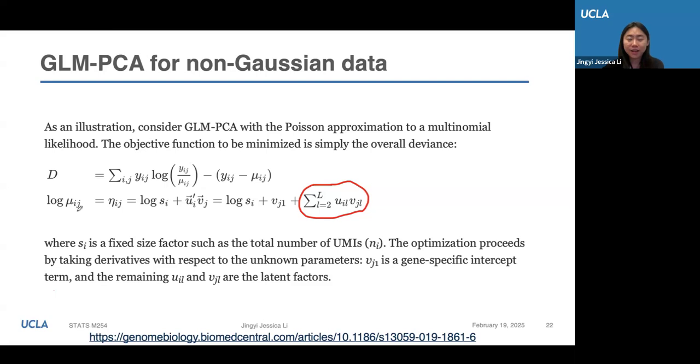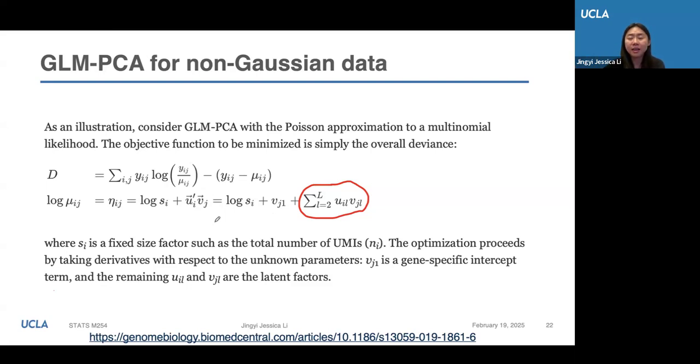That's the advantage. But the disadvantage is that this optimization is much slower than just PCA. Because PCA is basically just eigenvalue decomposition of X transpose X. So there's a price to pay.